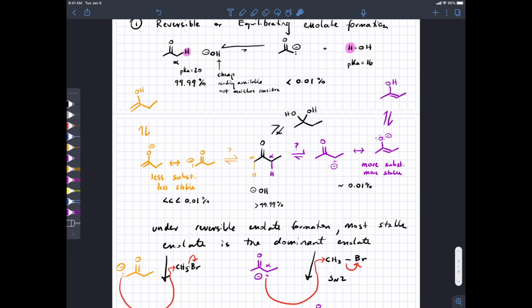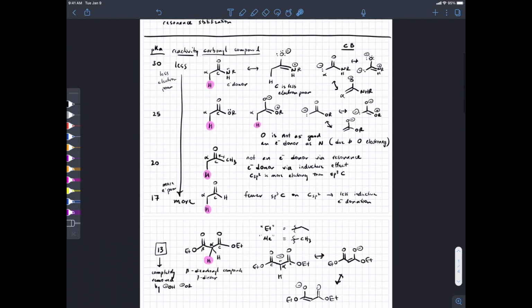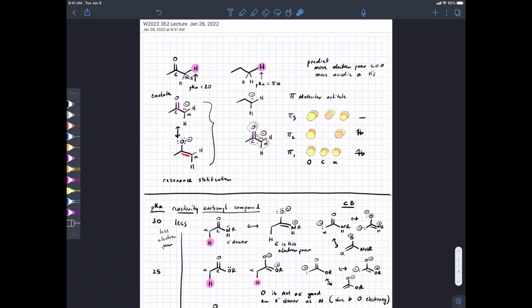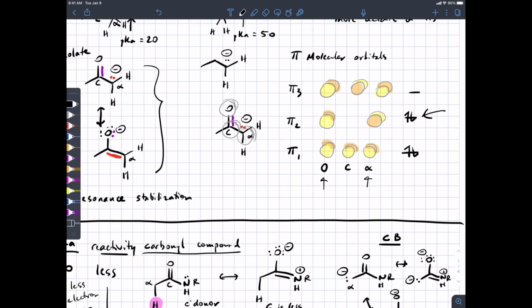I suppose if you want to know, the short answer is the most reactive electrons in the molecule are these electrons that are shared between the carbonyl oxygen and the alpha carbon. And if you do the molecular orbital calculations, the amount of this orbital on the oxygen is smaller than on the carbon.